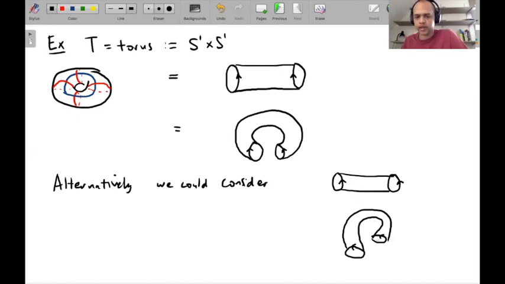So I just identify these two circles sort of by just a translation as it is in this picture. Whereas this gluing is kind of like, well, you might say it's a reflection. But this terminology is potentially confusing. And if we do this, we get a different space.